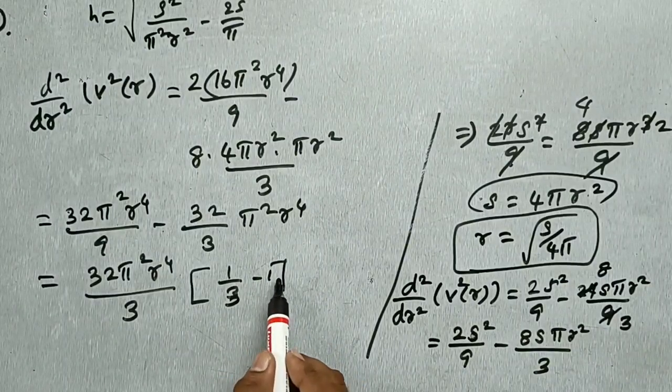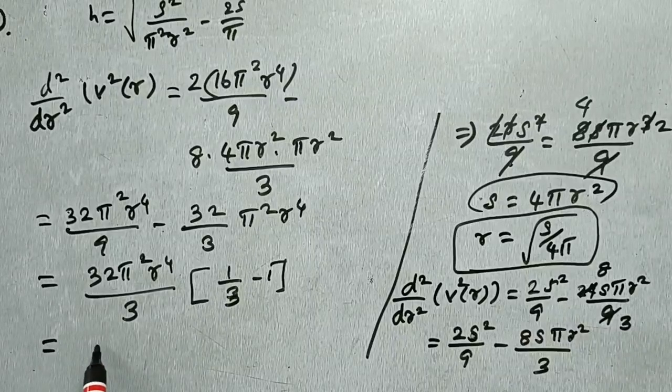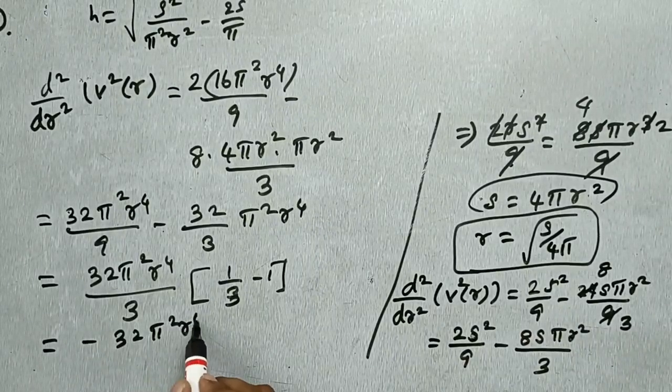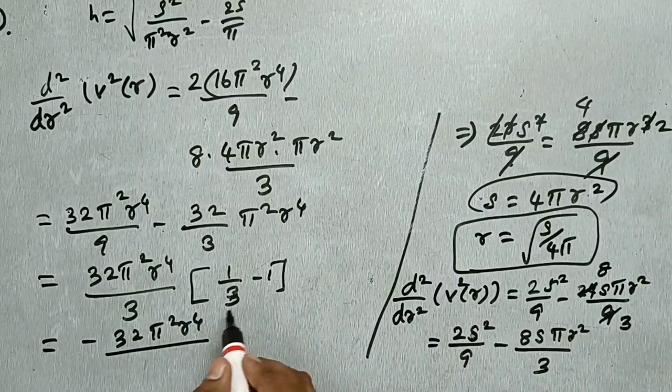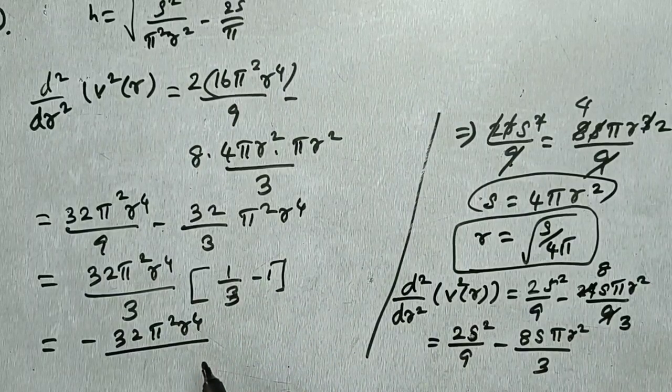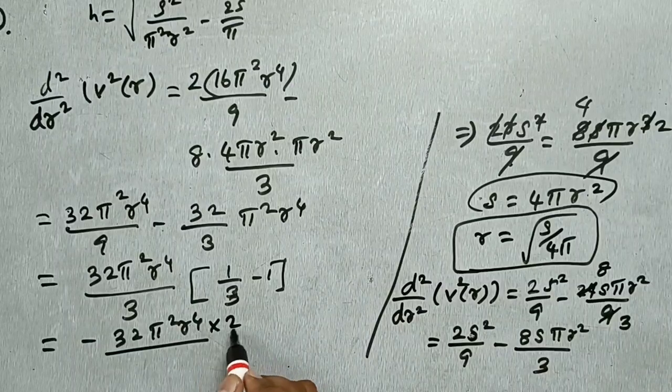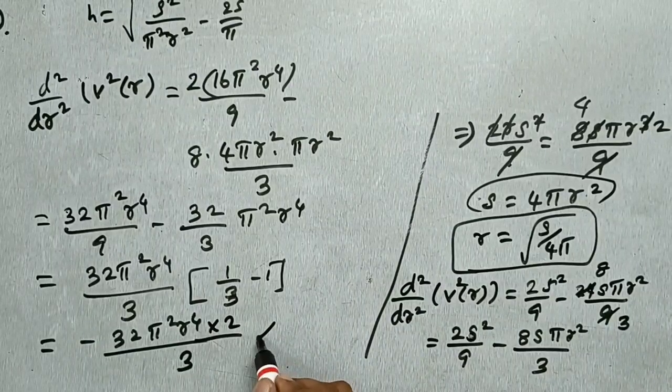So simplifying this, we will get minus of 32 pi square r power 4 divided by 3, multiplied by 2 by 3 will come. Anyhow, it is less than 0.